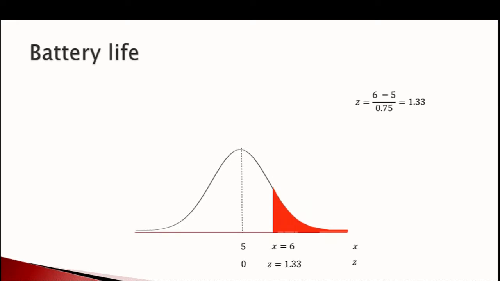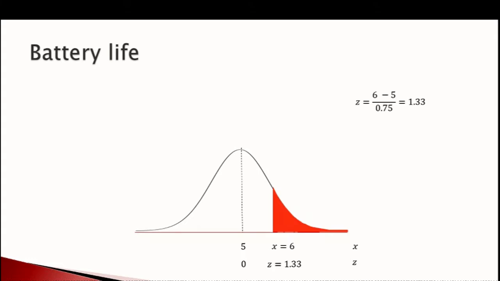Right underneath the x, I have the values for z. Now 5 becomes 0 because the standard normal curve has a mean of 0. Or you can just substitute into the formula: 5 minus 5 over 0.75 is 0. And now 6 converts to 1.33.